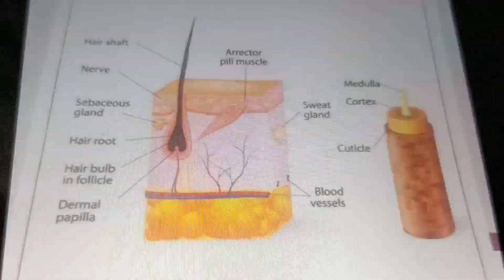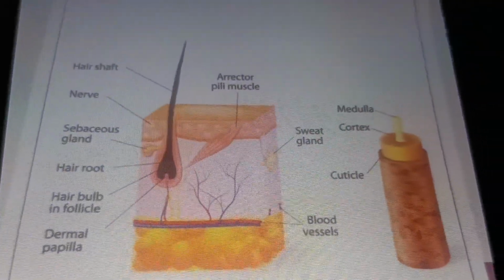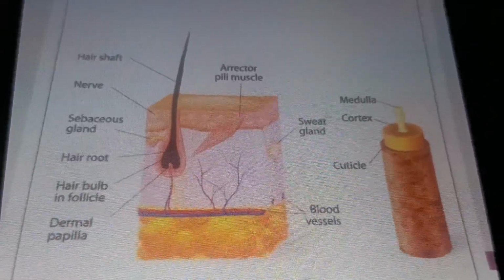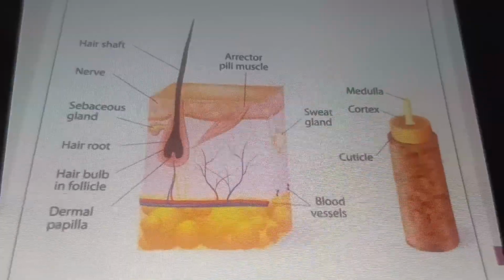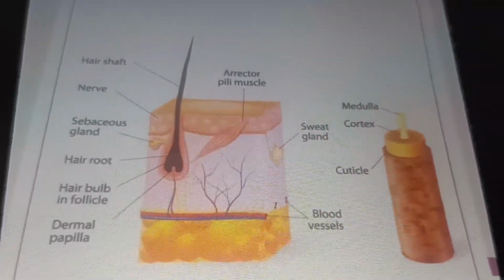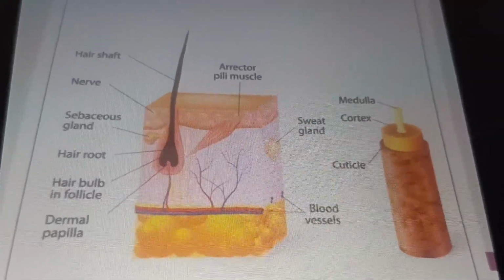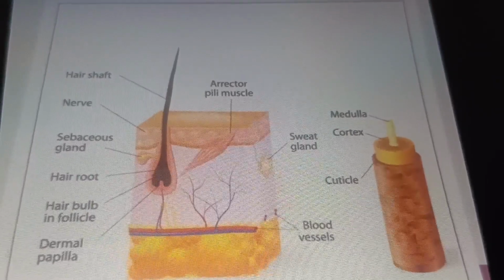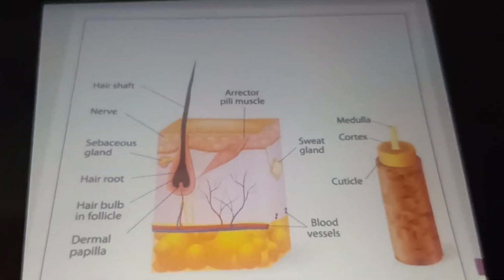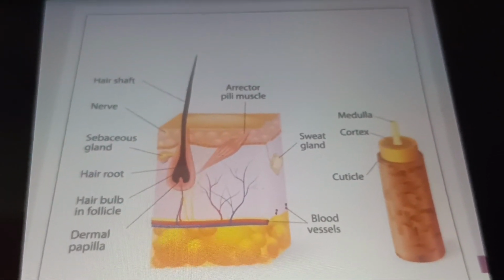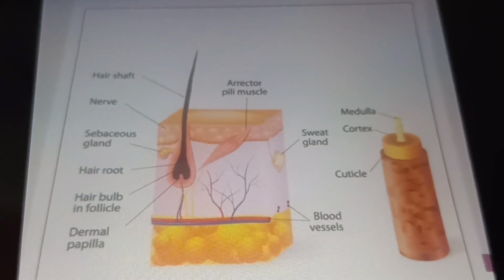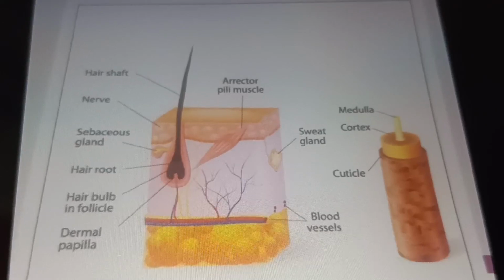Today I am showing you this diagram. This diagram is of our hair structure. So in this video, I'll show you the structure of hair. Hair is one of the most dramatic and beautiful ornaments in terms of color, texture and style.